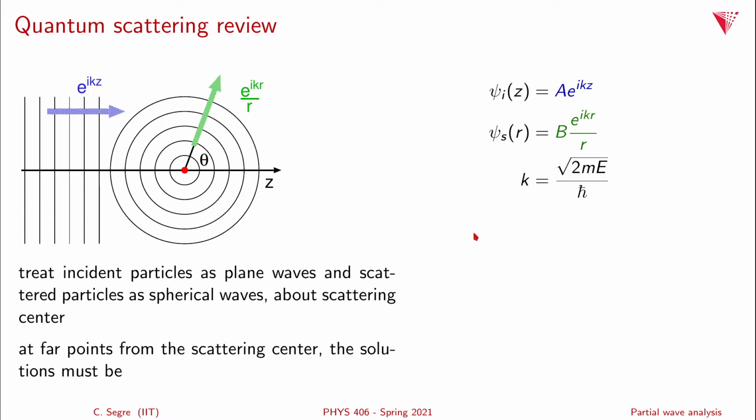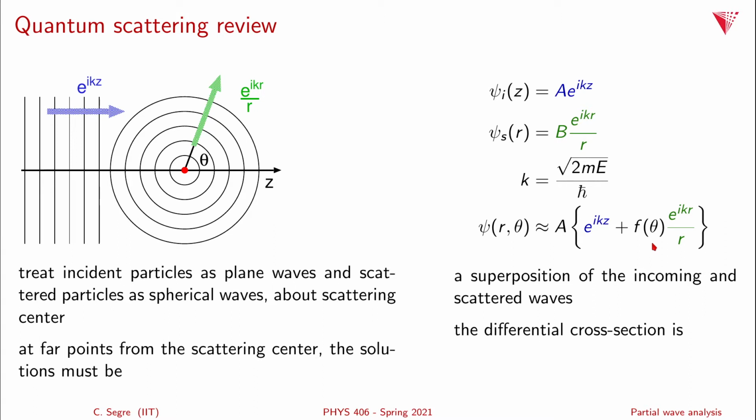At far points from the scattering center, the solutions must look like the superposition of a plane wave and a spherical wave, and that's what we've written down here. So far away from the center, psi of r and theta, again, this is cylindrically symmetric, so the azimuthal part doesn't matter, is A e^(ikz) plus f(theta) e^(ikr)/r, where f(theta) is called the scattering factor, and it depends on the polar angle theta.